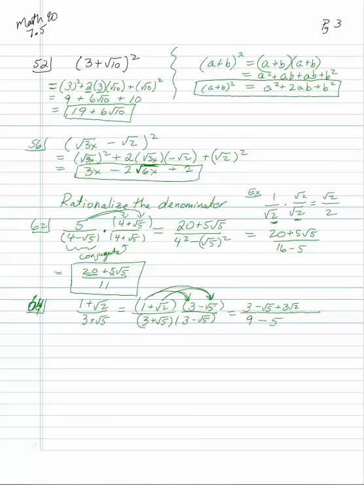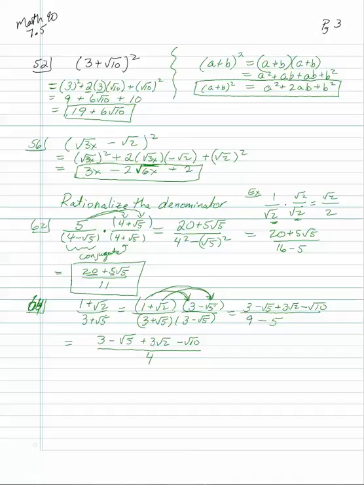So it's positive 1 times negative 1 is negative 1. Square root of 2 times 5 is 10. And the top can't simplify anything. The bottom is just 4, so we can rewrite the top: 3 minus square root of 5 plus 3 square root of 2 all over 4. And that's your answer.